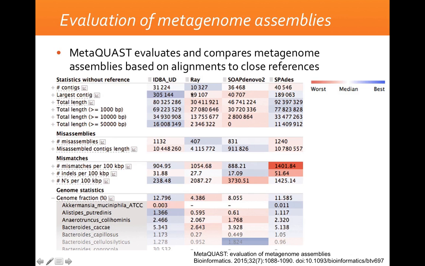If we look at the SPAdes assembly here, the number of contigs is 40,546. So it looked up which species these contigs are likely to come from, probably a lot of different species, and it has downloaded all of these species from NCBI.